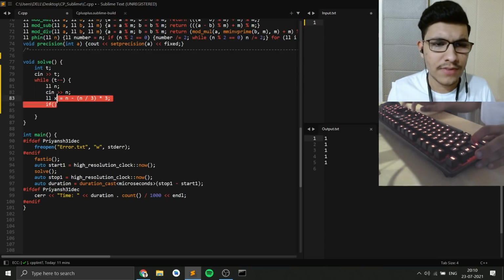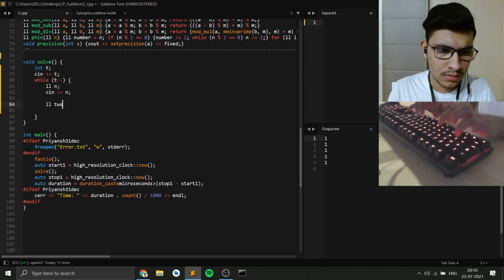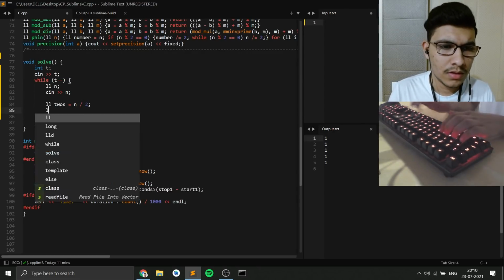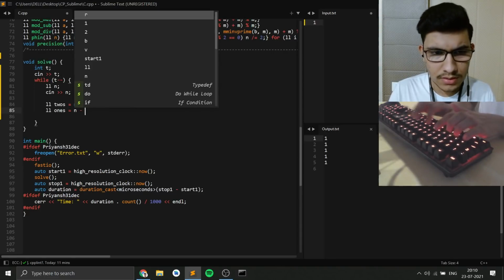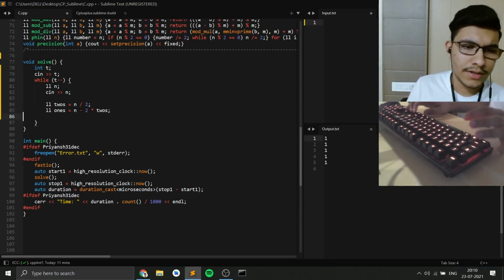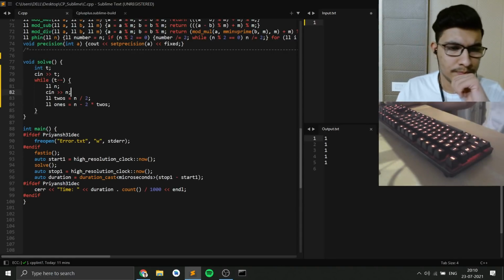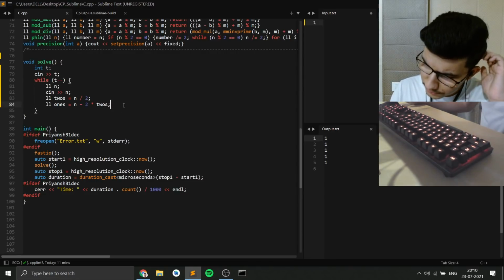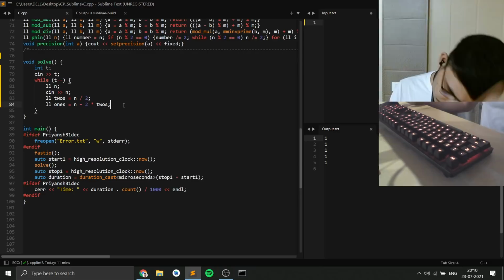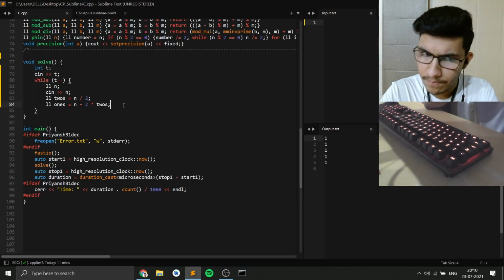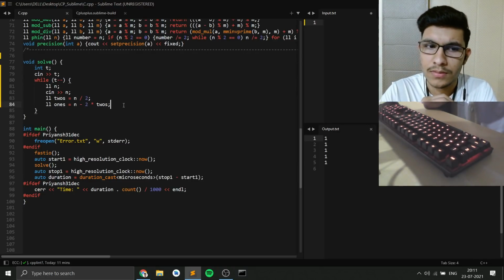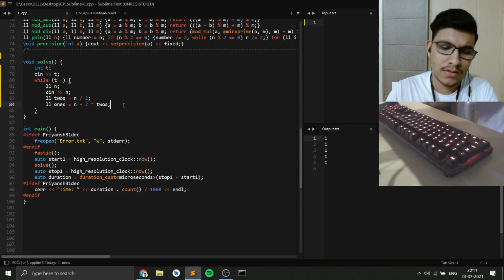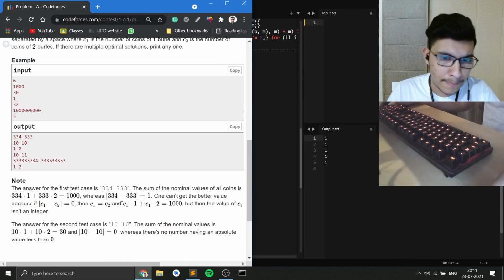Okay, let's just find out the number of 2's equals n by 2, and the number of 1's equals n minus 2 times that. So these are the 1s and 2s right now. This is insane.